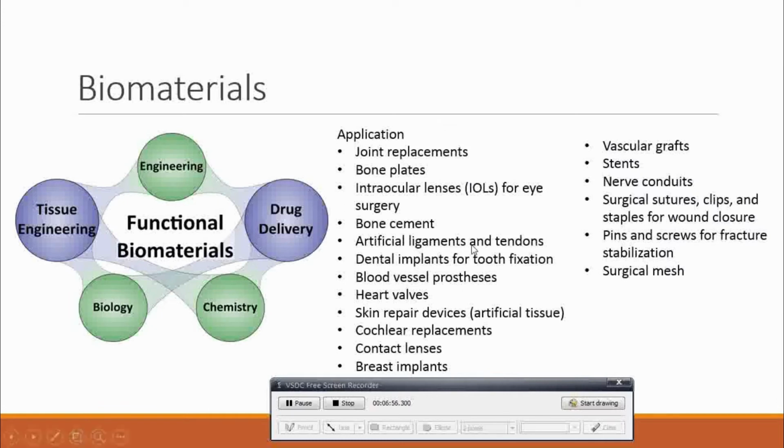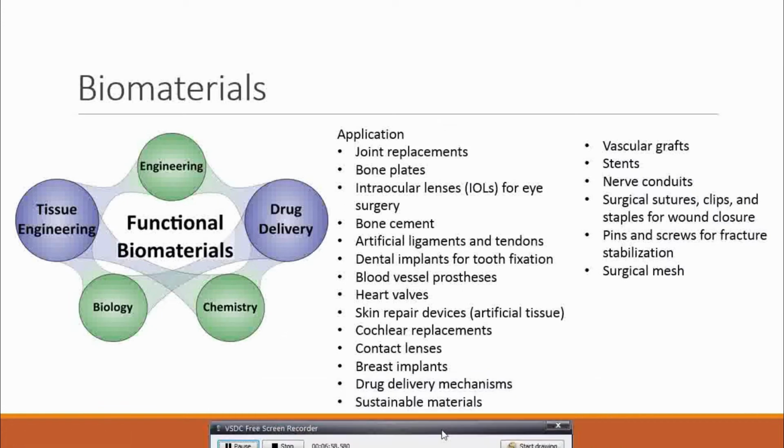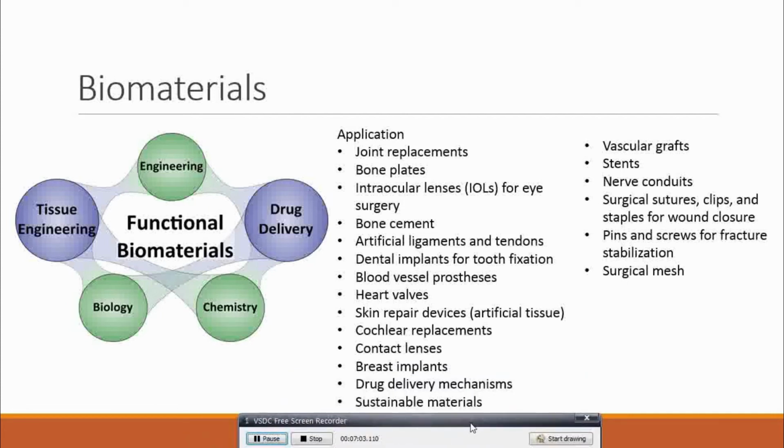Next, okay, we are still on the biomaterials, right? These are the general functions, the areas of focus that biomaterials plays roles in: biology, chemistry, engineering combination, and then you have tissue engineering, and it can also go up to drug delivery.